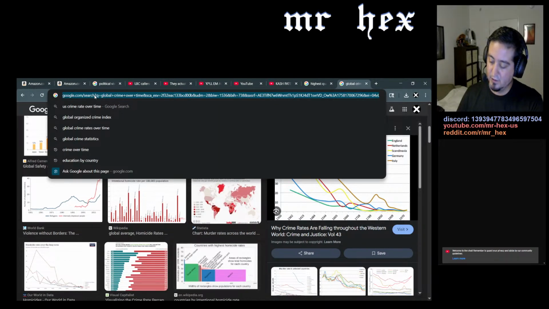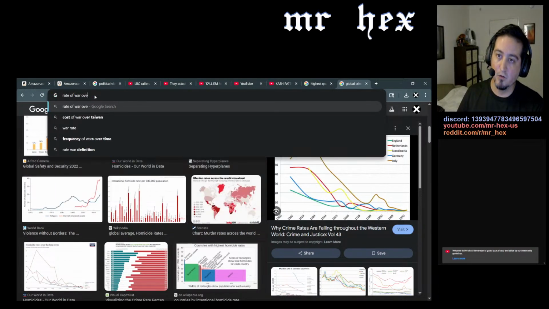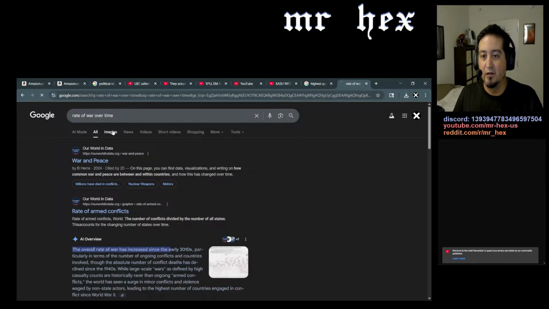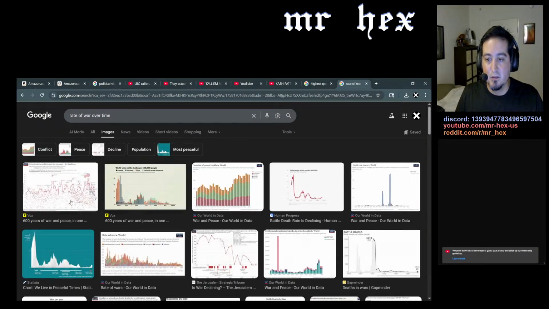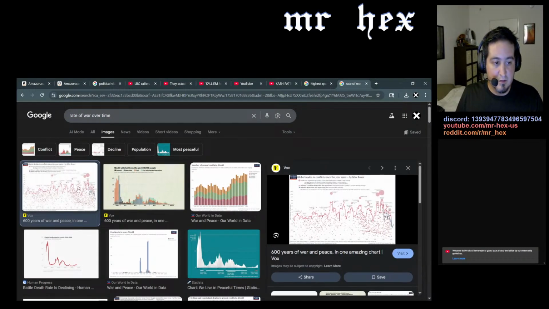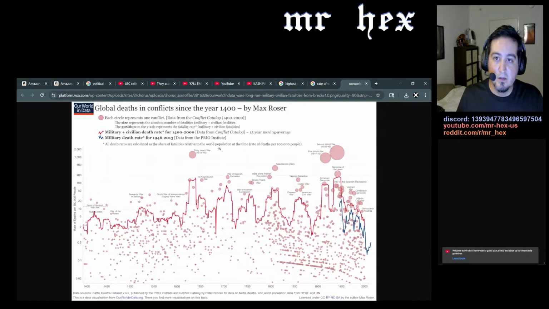Let's look at rate of war over time. Looks like data on something like this is really messy. But look at this. Deaths in conflicts over time.